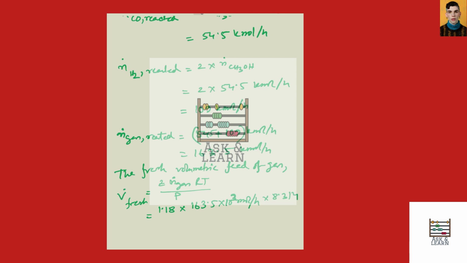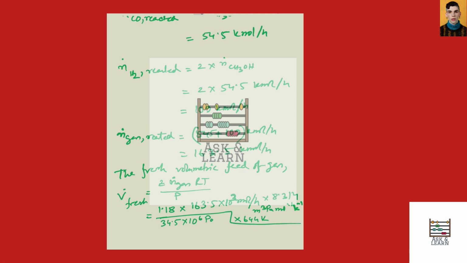The gas constant is 8.314 cubic meter pascal per mole per Kelvin. Temperature is 644 Kelvin, and the pressure is 34.5 megapascal.